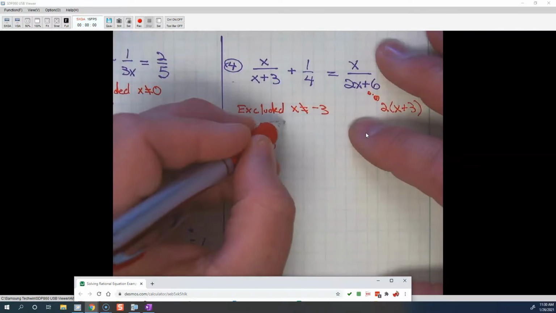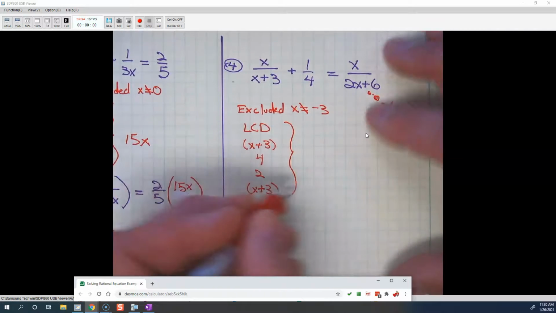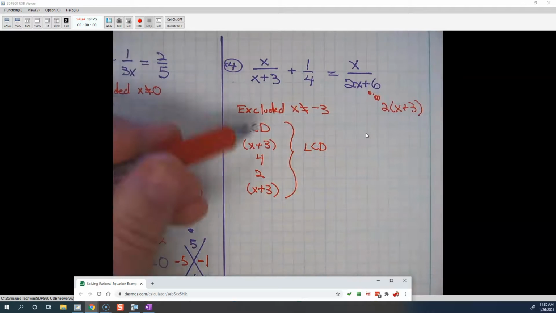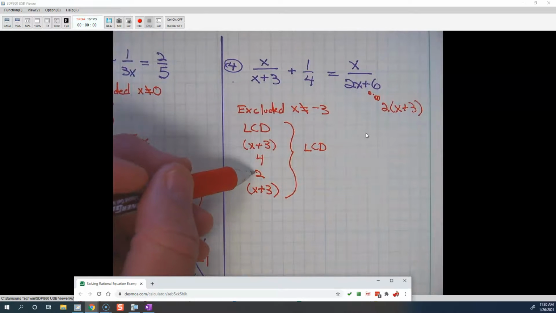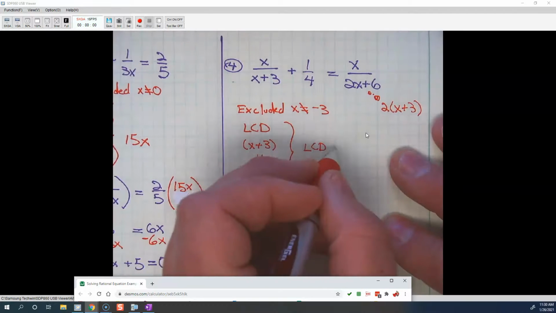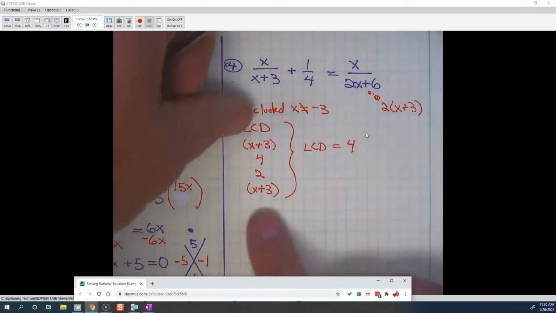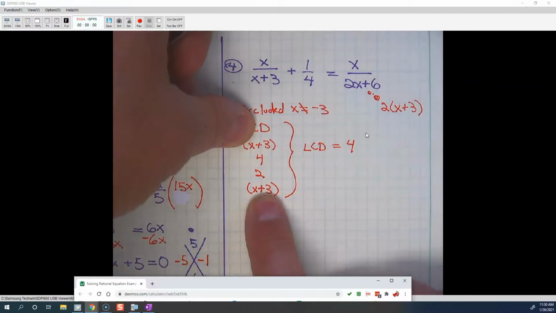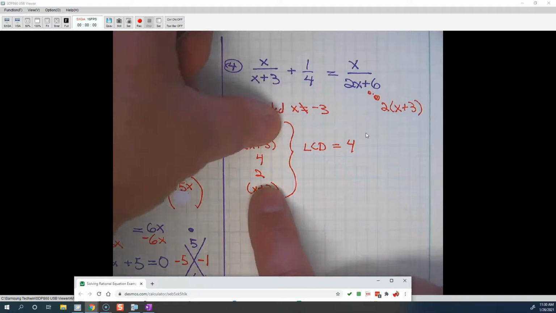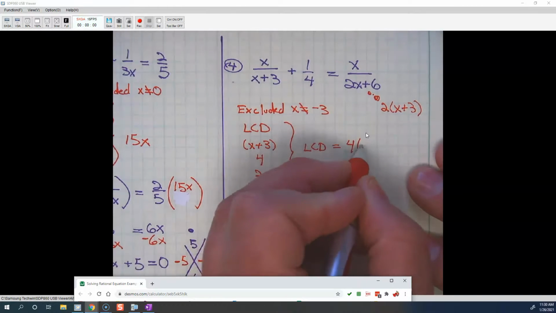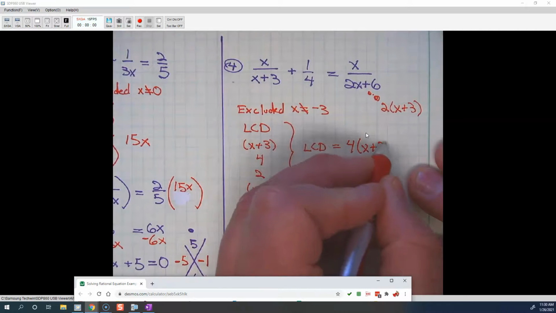All right, so now to get my LCD, the LCD between 2 and 4 is 4. The LCD between these two, well, they're the same. All right, now you would take the higher power. Well, the powers are the same, so that's going to be x plus 3.